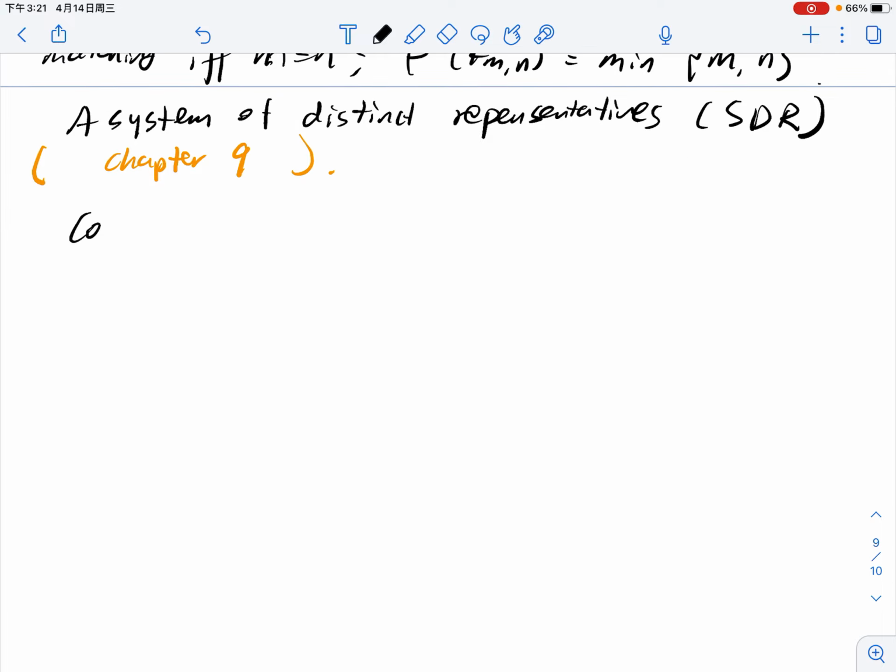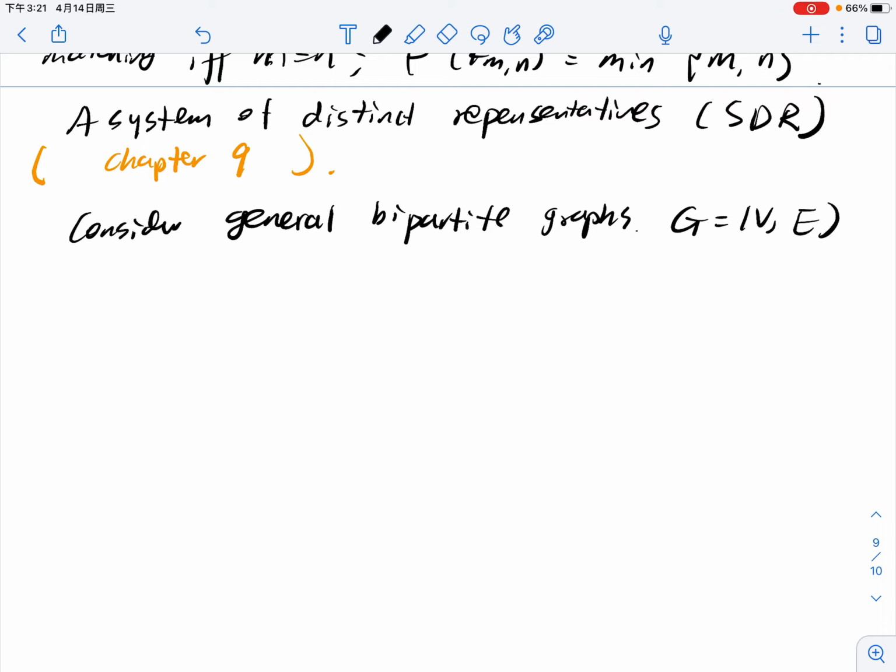Okay, so we just use the bipartite graphs as an example. Consider general bipartite graphs, and G is (V, E).